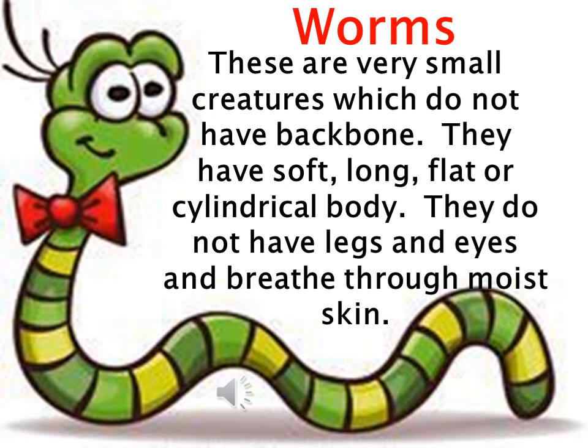They have no legs, but they have very strong muscles due to which they can crawl or creep, and they do not have eyes, but they can sense light through special receptors, and they breathe through their moist skin as they are present in water or in soil, especially in moist areas.